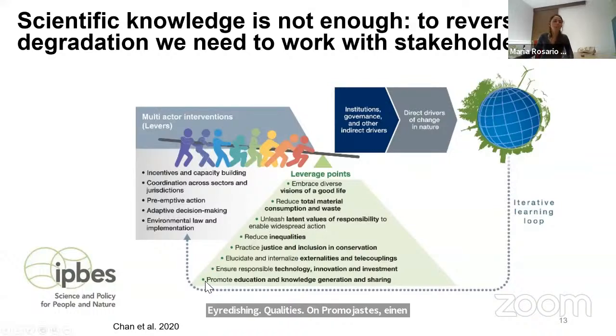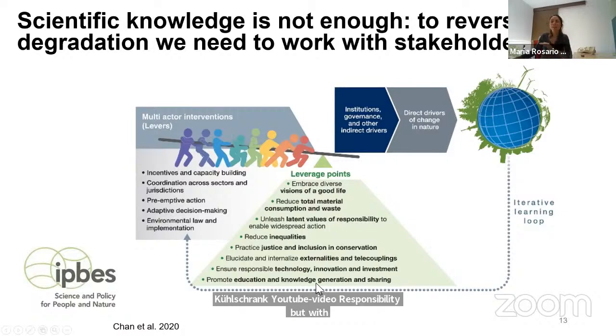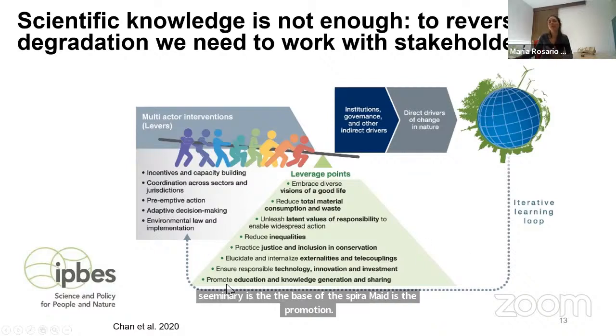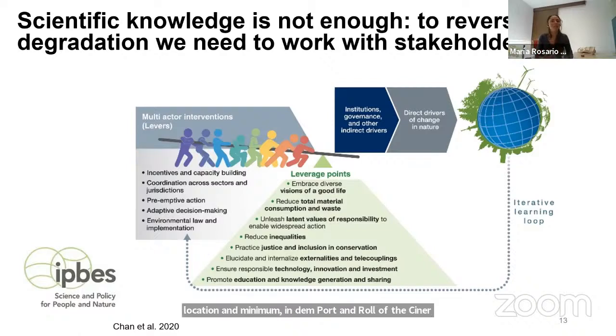But what I find very important also in the context of these seminars is that the base of this pyramid is to promote education and knowledge generation and sharing, meaning the important role of teaching and education to act as a leverage point to reverse these negative trends in nature.